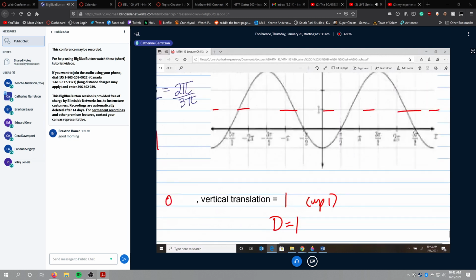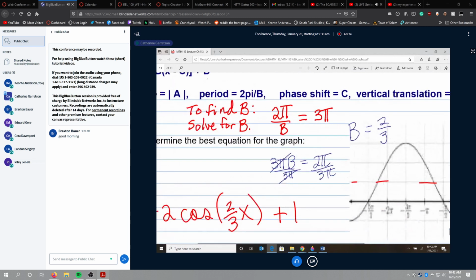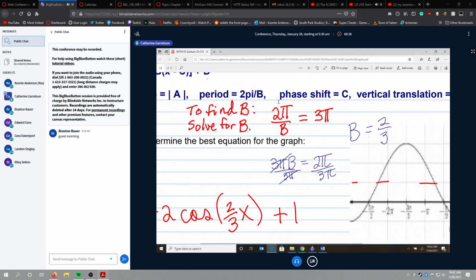So to figure out the coefficient, I take my formula, the formula for finding the new period. I set it equal to what I tell from the graph that the period is, which is 3 pi. And then I use my algebra skills to solve for b, and that tells me what the coefficient of the x is.